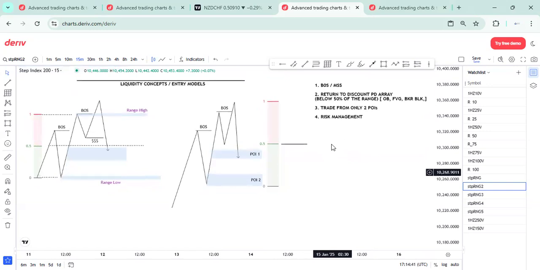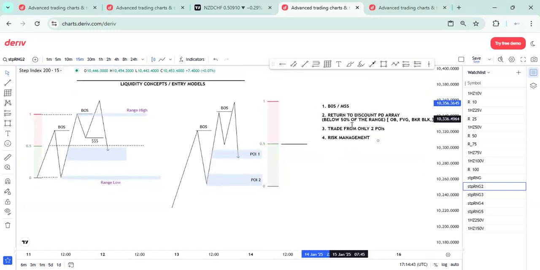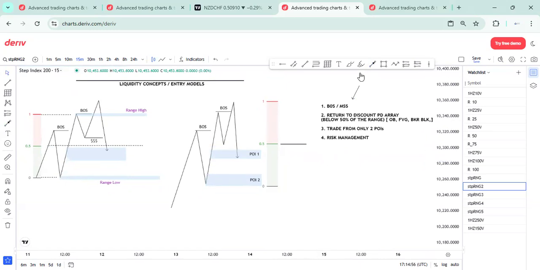All right, so the trading model is going to follow this set of rules. And the first rule is that you need a confirmed break of structure or market structure shift, right?